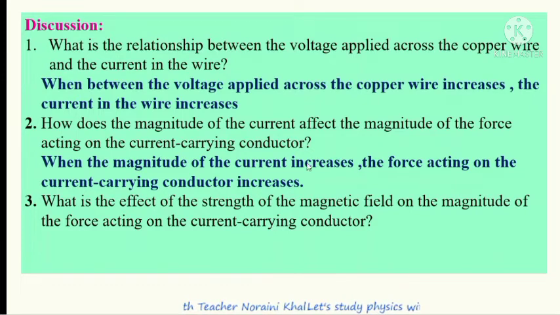When the magnitude of current increases, the strength of the magnetic field around the wire also increases, meaning the interaction between the two magnets will produce a stronger resultant force. That's why when the magnitude of current increases, the force increases.